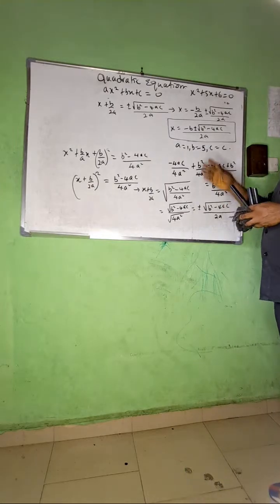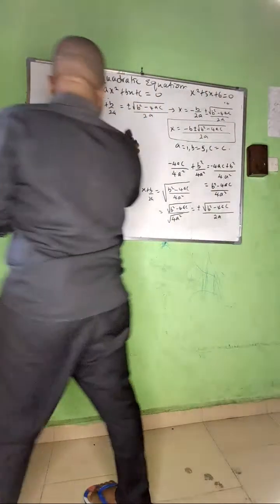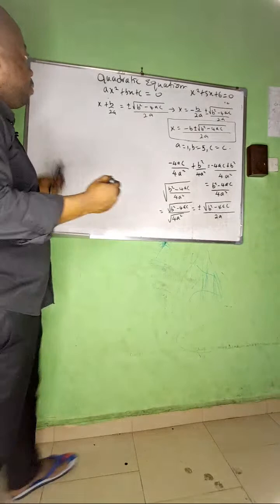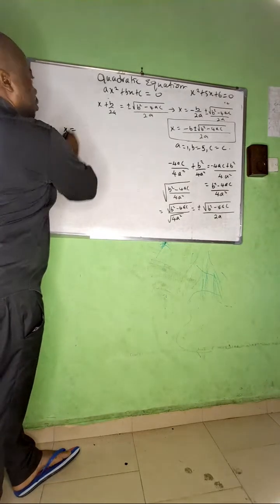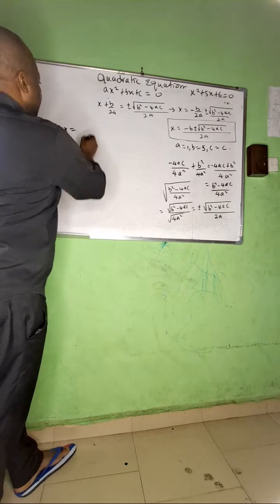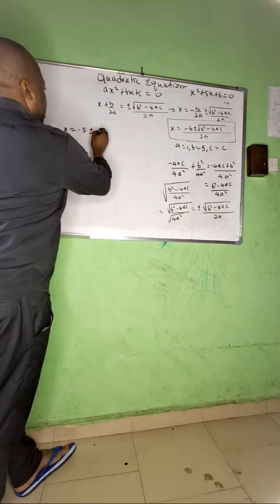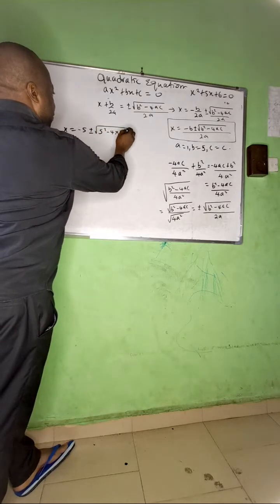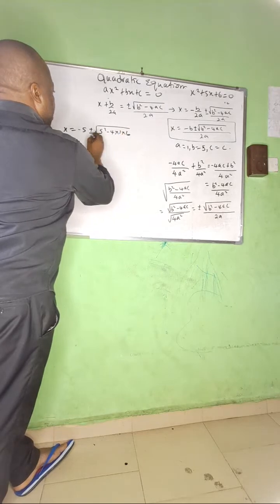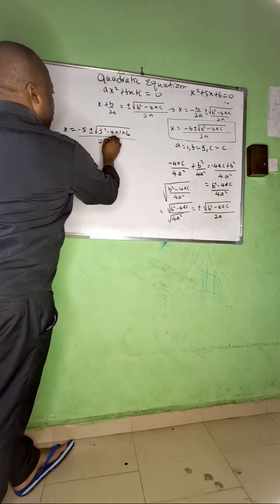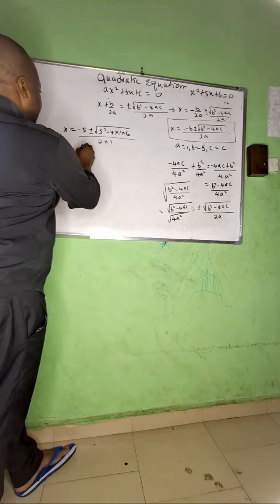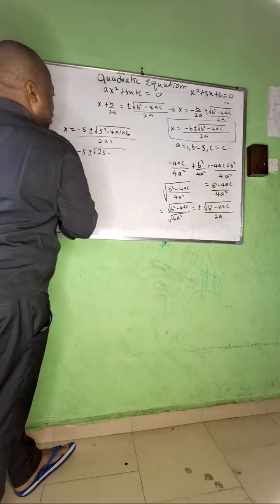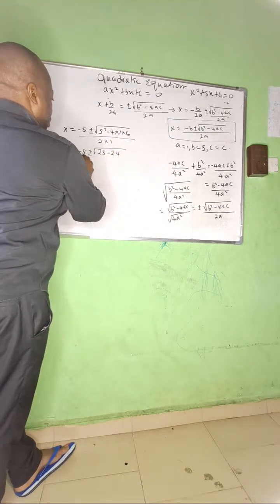So we plug them back into this equation. We'll have x equals negative b, which is negative 5, plus or minus the square root of b squared, which is 5 squared, minus 4a, which is 1, times c, which is 6, all over 2a, 2 times 1. So that gives us negative 5 plus or minus 5 squared is 25 minus 4 times 6 is 24, all over 2.